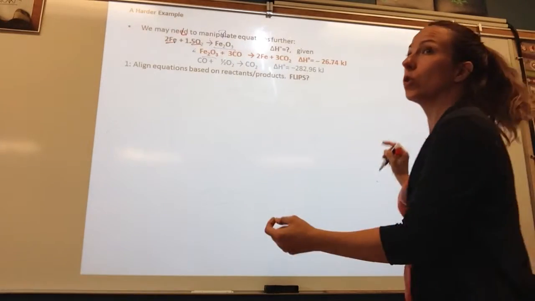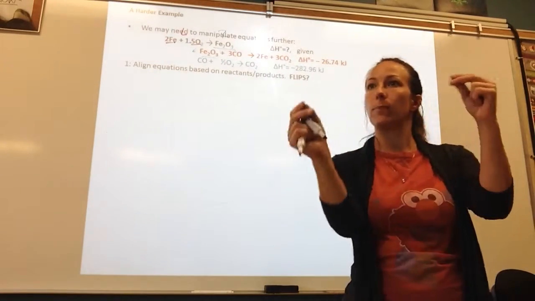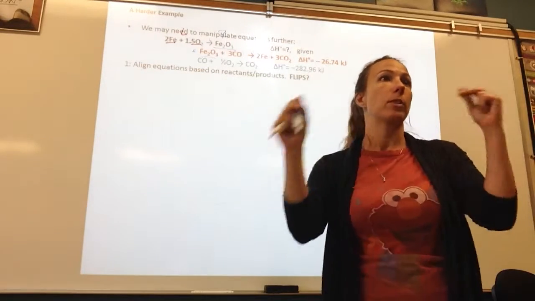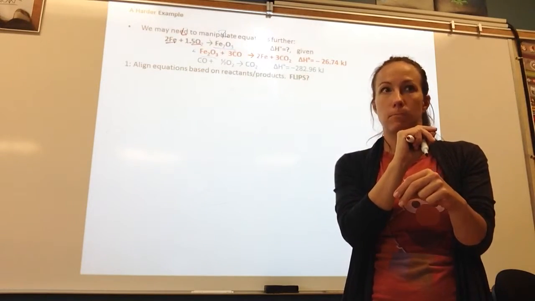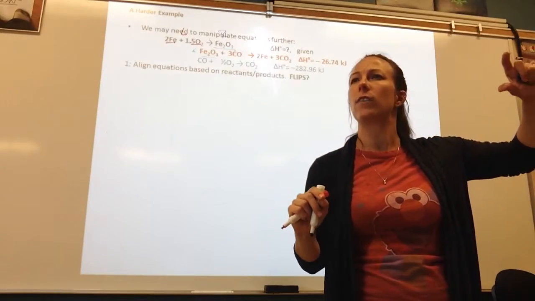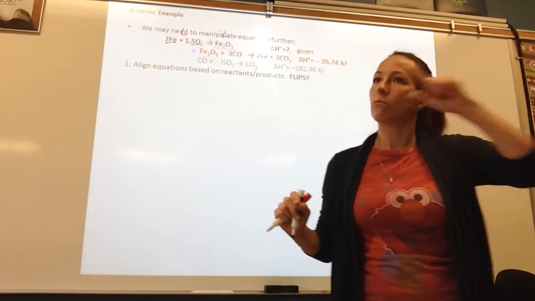So I'm going to need to, like you do for decomposition versus formation, flip it, right? You can flip any reaction. So I'm going to flip this one. And just like we did for formation and decomposition, when we flipped the reaction, what did we do with the delta H value? The sign was flipped. Same thing.